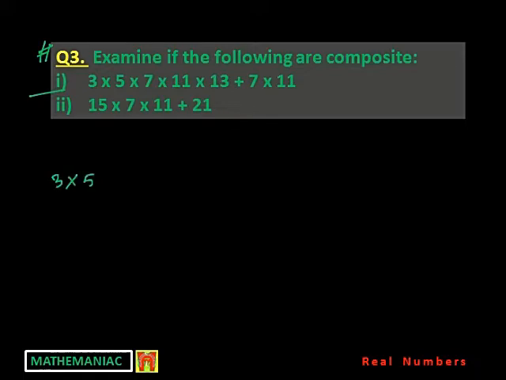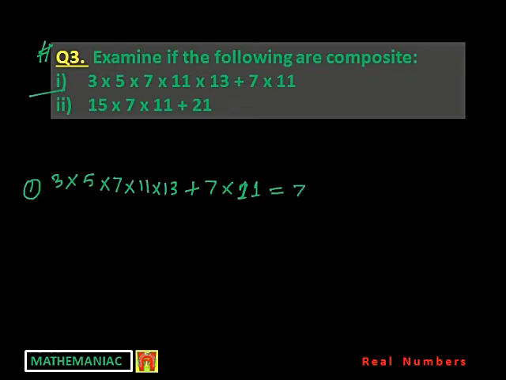So let me take the first number. This is number 1. 3 into 5 into 7 into 11 into 13 plus 7 into 11. You need to multiply all this and simplify. One thing is very clear that this number cannot be 1, it is bigger than 1.